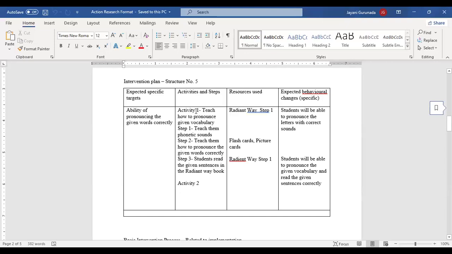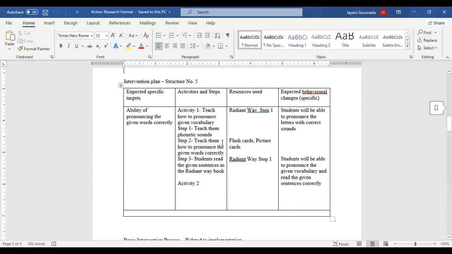In order to do that, I have an activity and some steps. I'm going to do this within a certain period of time. The activity is to teach how to pronounce given vocabulary. So I want to teach them to pronounce the given vocabulary correctly. For that, step 1 is teach them phonetic sounds: a, k, b, t, d, n, l, r, like that.